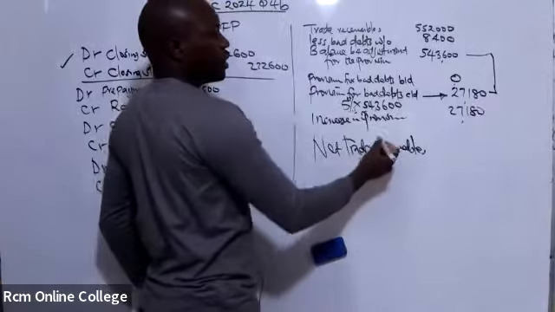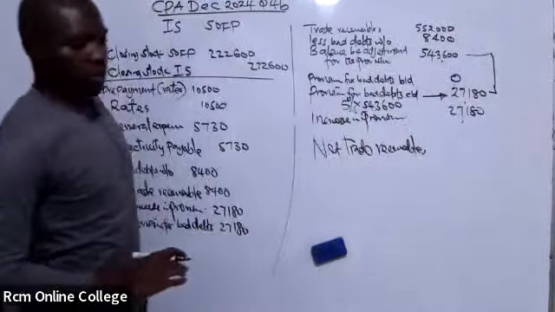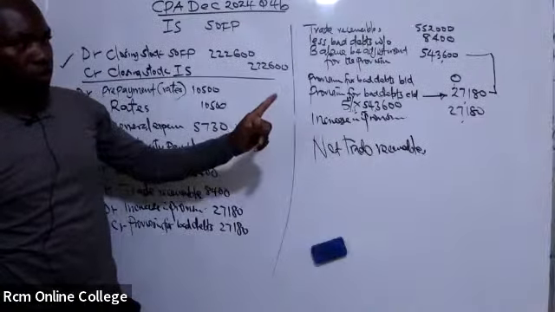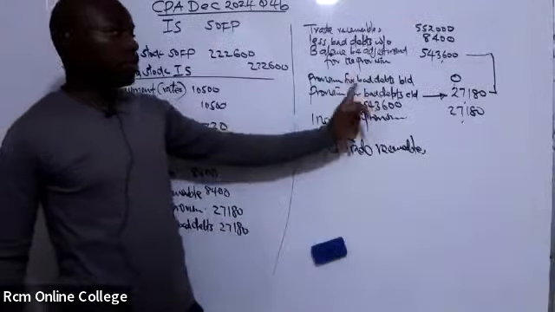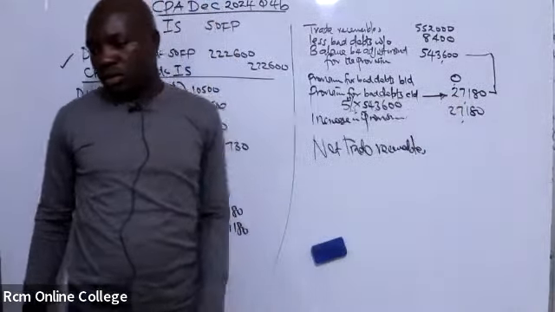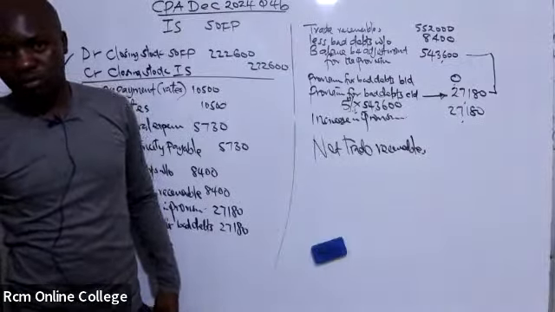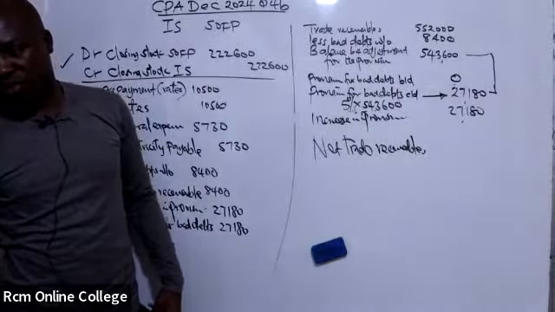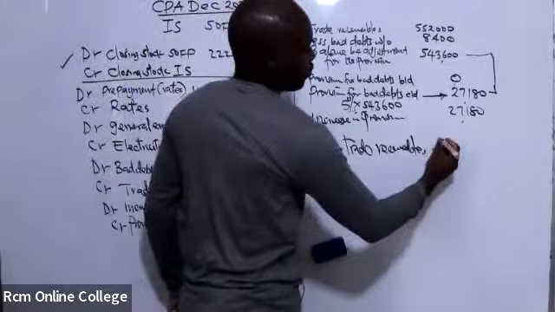In other words, we'll take 543,600 minus 27,180. The 27,180 I'm referring to is the provision for bad debts at the end of this one. What will you have? 543,600 minus 27,180 is 516,420, right?